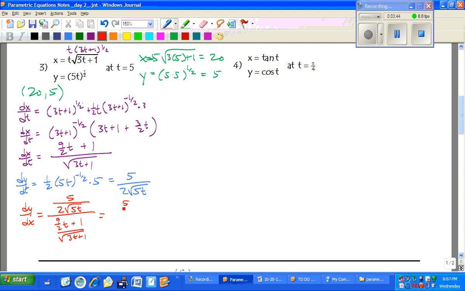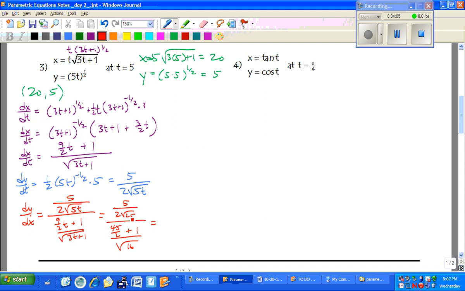Put 5 in, we have 5 over 2 times square root of 25 all over, we do 9 times 5, we get 45/2 plus 1 all over square root of 16.